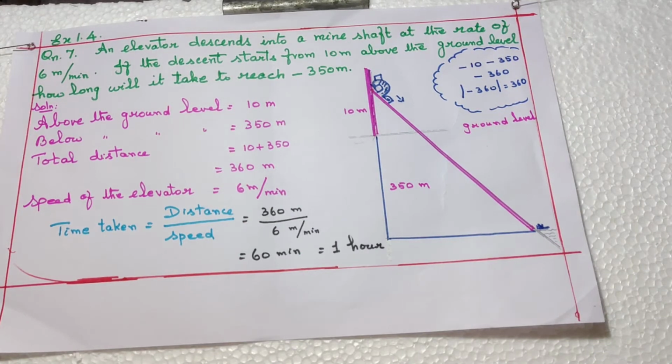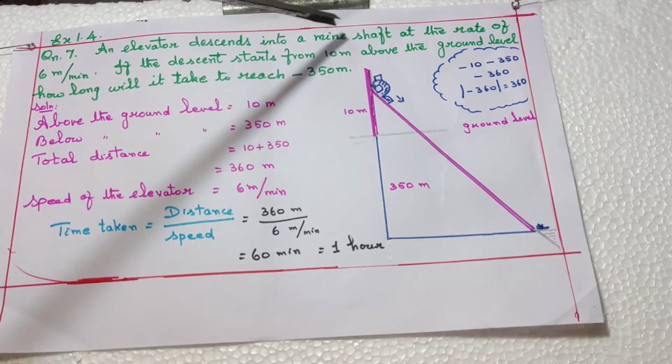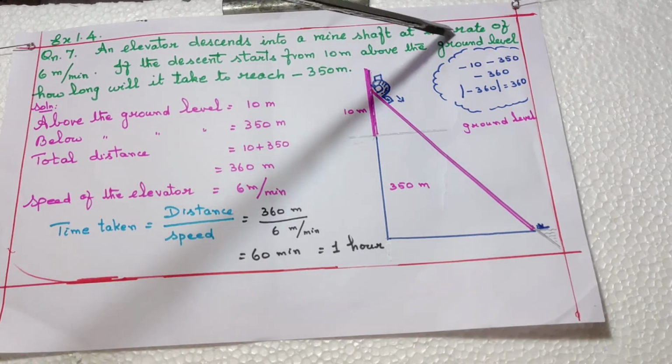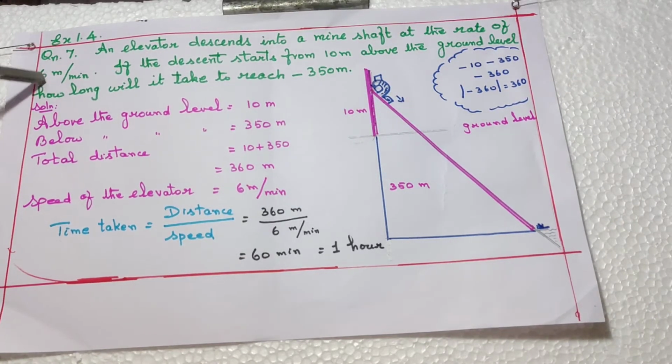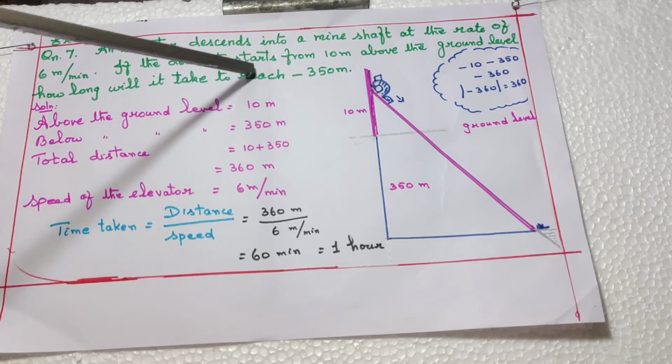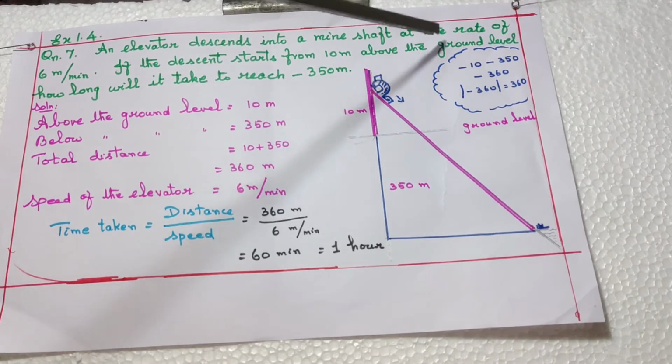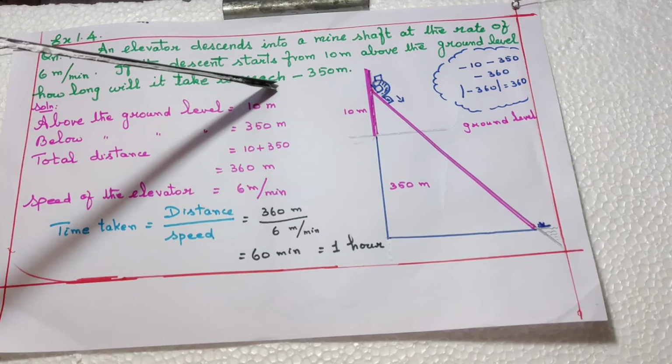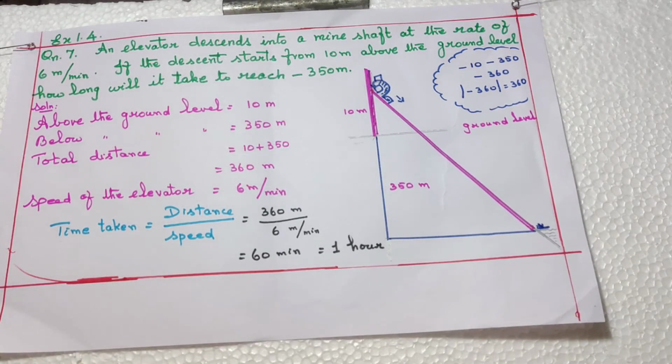Children, now let us move on to question number 7. Here the question reads as, an elevator descends into a mine shaft at the rate of 6 meters per minute. If the descent starts from 10 meters above the ground level, how long will it take to reach minus 350 meters?